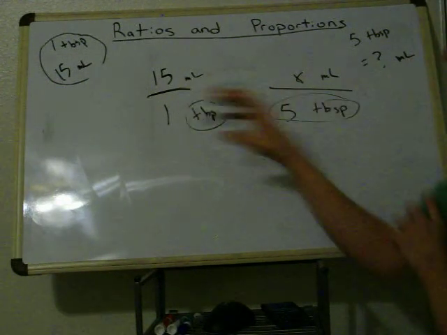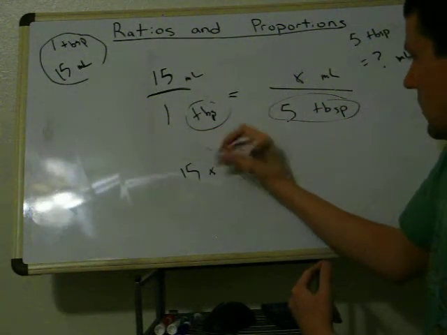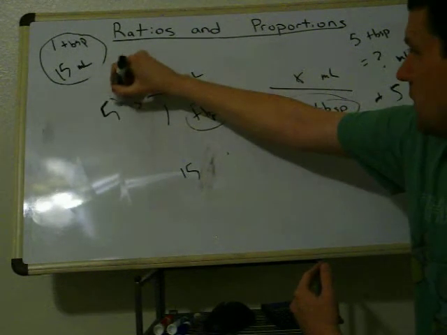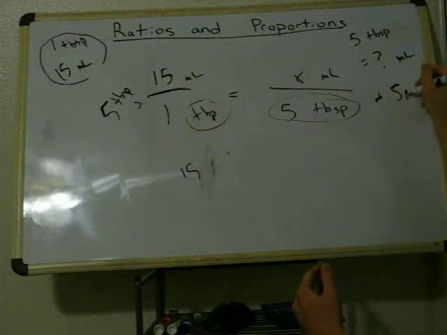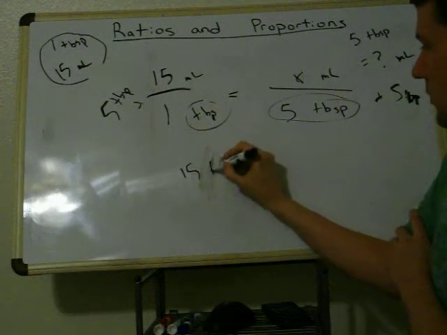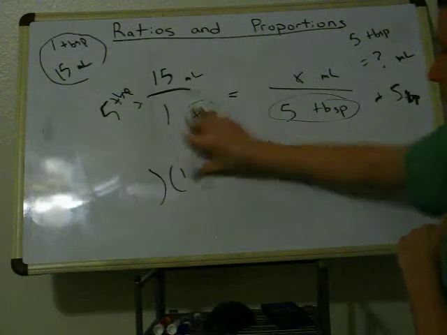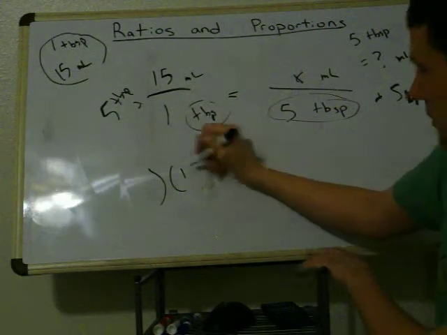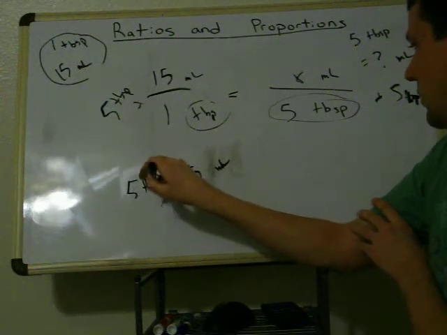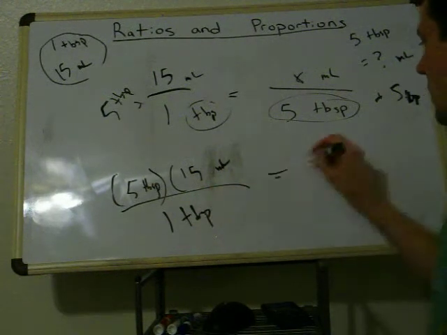Okay, so this time we just multiply each side by 5 tablespoons. So that'd be 15 milliliters times 5 tablespoons over 1 tablespoon is equal to x.